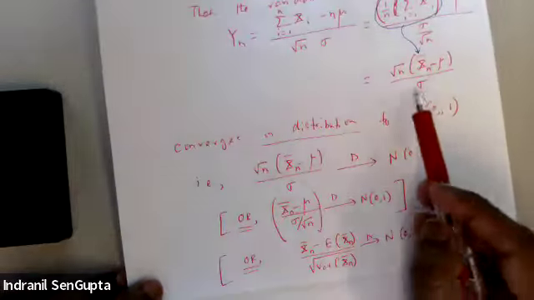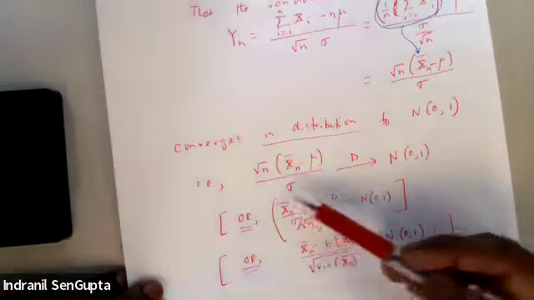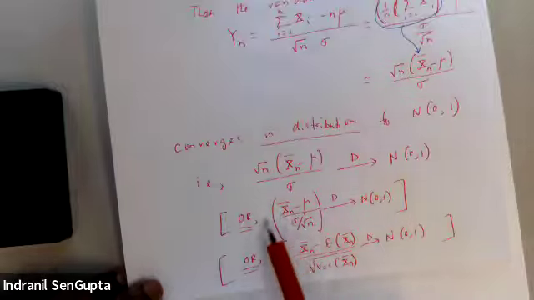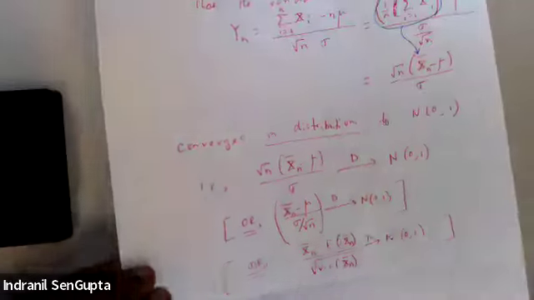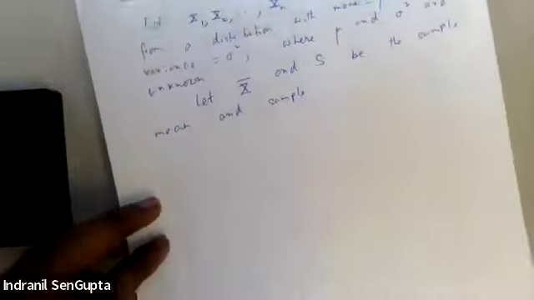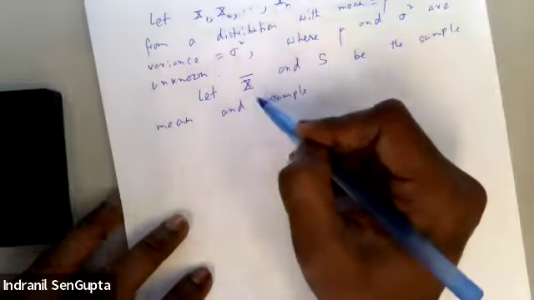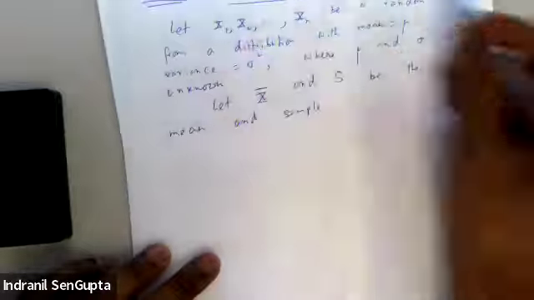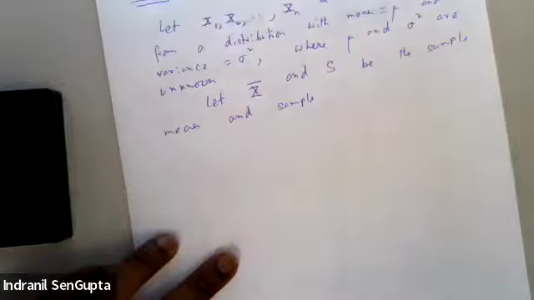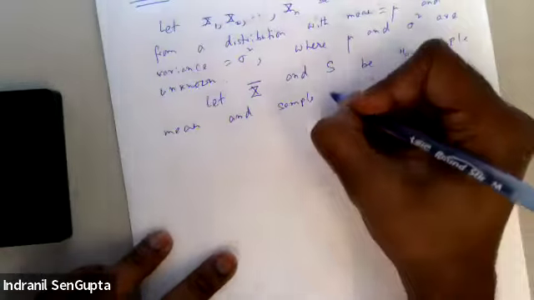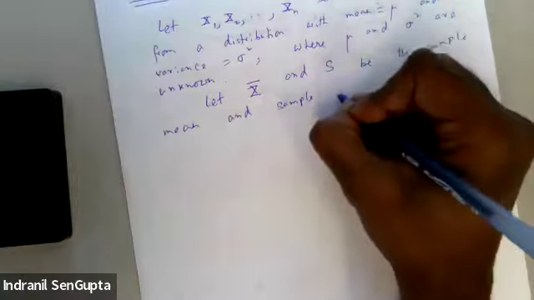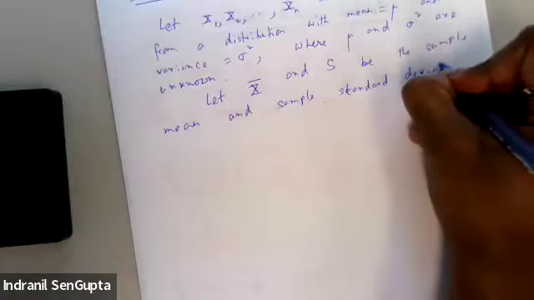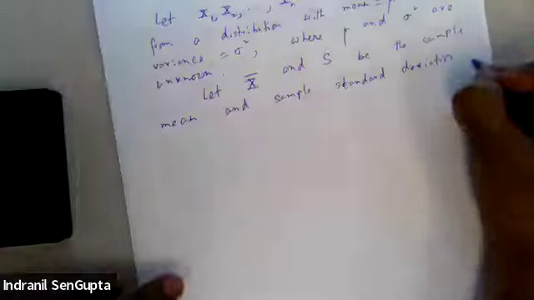Once you draw a sample, this N is fixed, so it is a fixed N random sample. I'll denote simply by X bar the mean of that. So it's the sample mean, and this is the sample standard deviation, respectively.